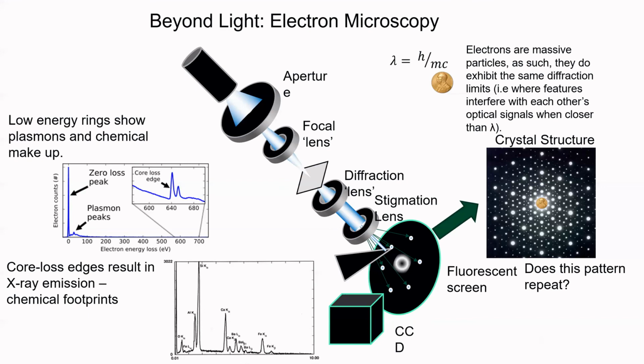As well as doing electron diffraction, the other thing you can do is look at the energy of the electrons as they pass through the sample. This is a technique called EELS, electron energy loss spectroscopy. What you're looking at is the electrons having given some of their energy away to the material, to its bonding structure, and so you can fingerprint different bonding types within the material.